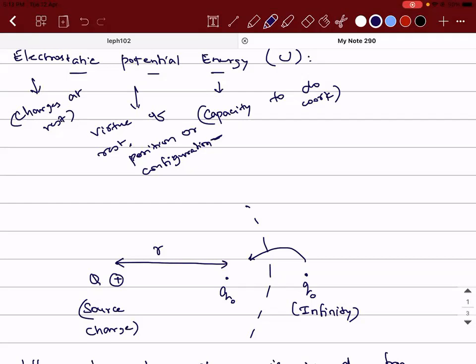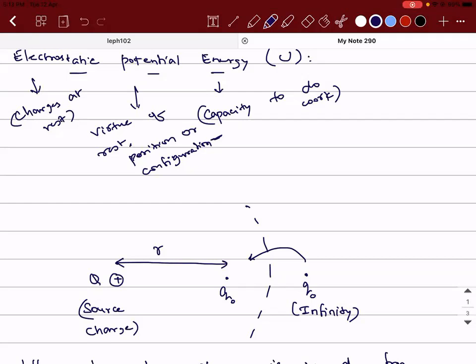So I reiterate, the amount of work done by the external force to bring a test charge from infinity to some point within the electrostatic field of the source charge. When you do this, you're doing some work, and that work gets stored as electrostatic potential energy, and that is what we are going to calculate mathematically. We are still sticking to the basics, nothing outside.